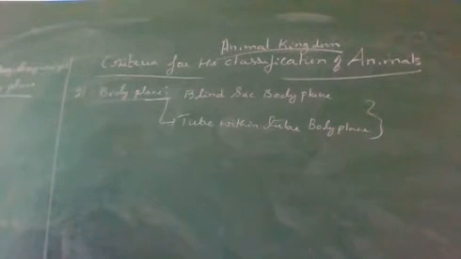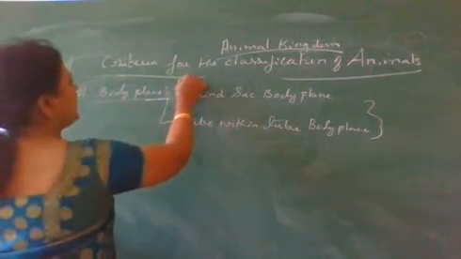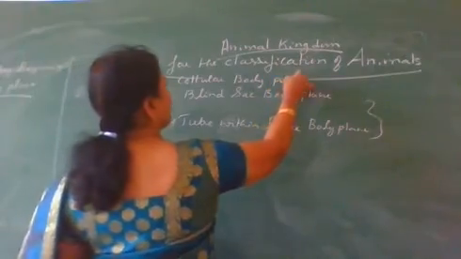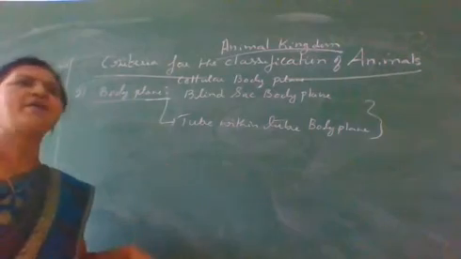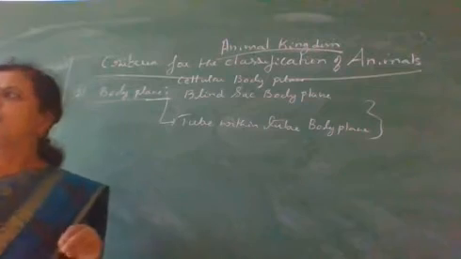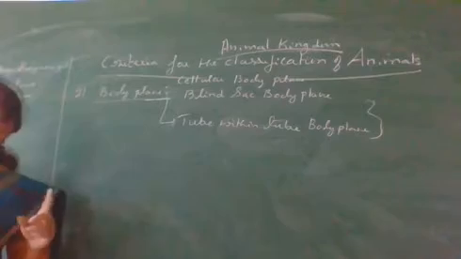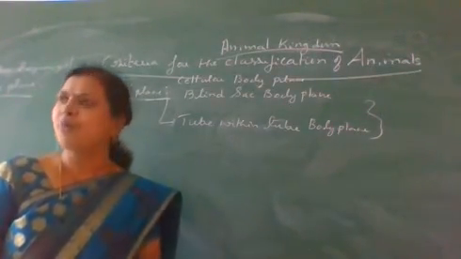Cellular means where the cells. So we can keep cellular body plane also. As already stated, in the case of parazoa, even though the animals are multicellular, the cells are loosely arranged, and we can observe only the cellular level of organization of the body.